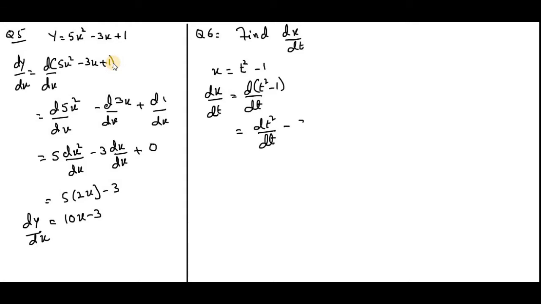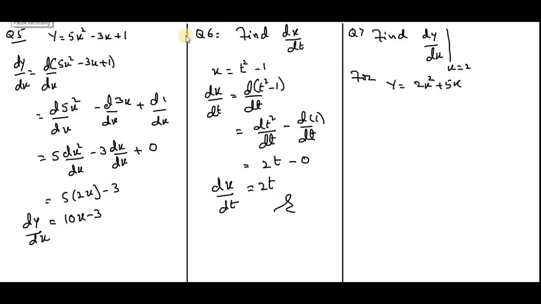So d(t square) over dt minus d by dt of 1, and applying power rule we get 2t minus 0, which is equal to 2t. That is dx by dt.